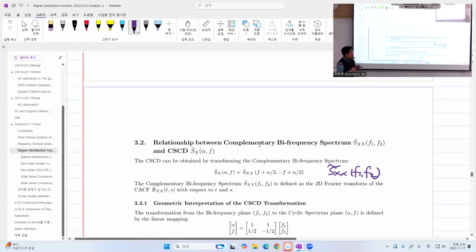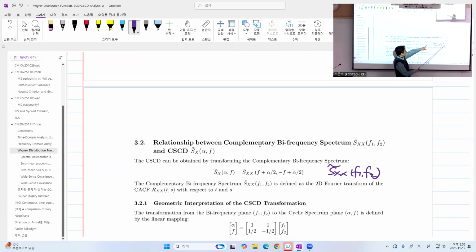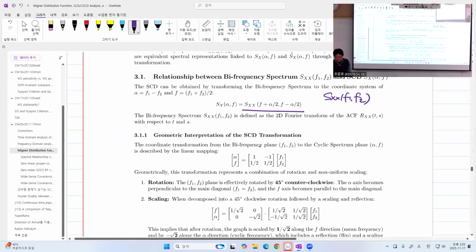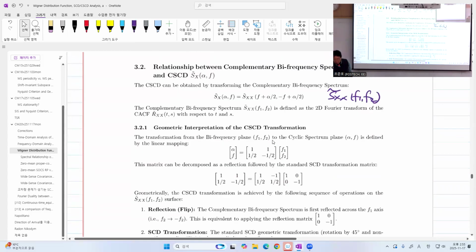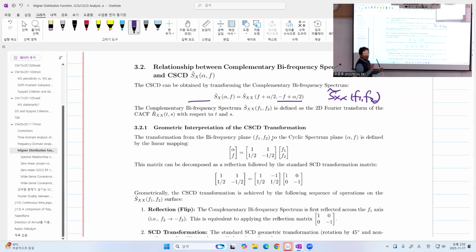And if you replace F1 with f plus alpha over 2 and F2 with f minus alpha over 2 for the SCD, and minus f plus alpha over 2 for the complementary SCD, actually you have the same function, except for some compression or extension along the axis and possible rotation.